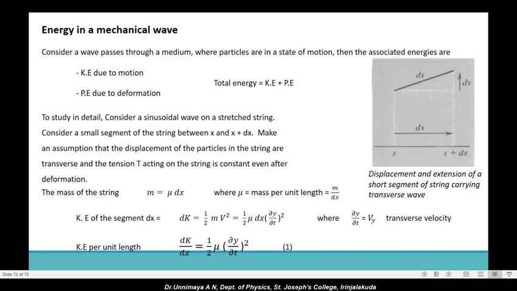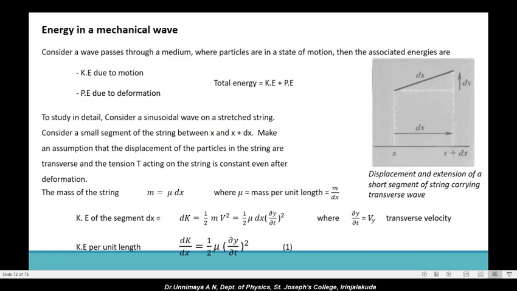One is its kinetic energy due to its motion, and the second one is the potential energy due to its deformation. That is, kinetic energy due to motion and potential energy due to deformation, meaning it always has a tendency to come back to its rest position. That energy is called potential energy due to deformation.